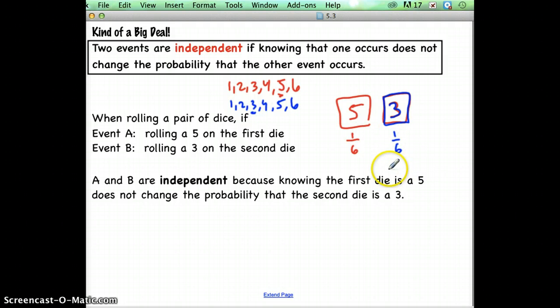So they're independent. Each roll is independent. And I think that's intuitive. What I roll on the red die has no effect on what I roll on the blue die. It does not change the probability.